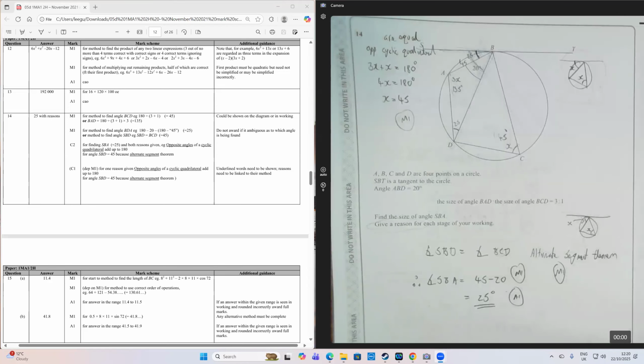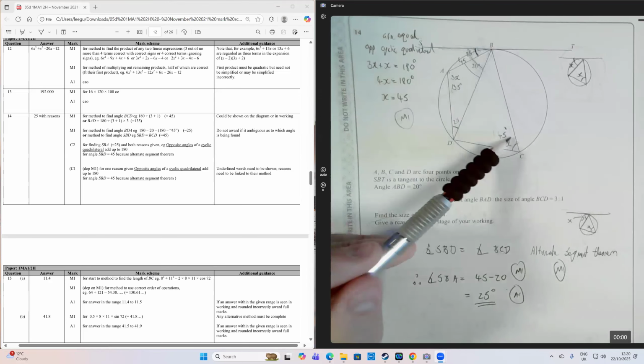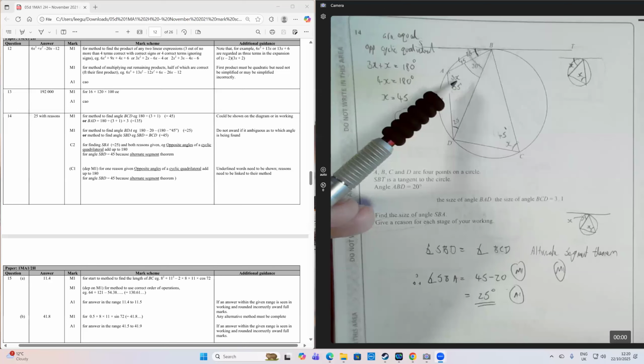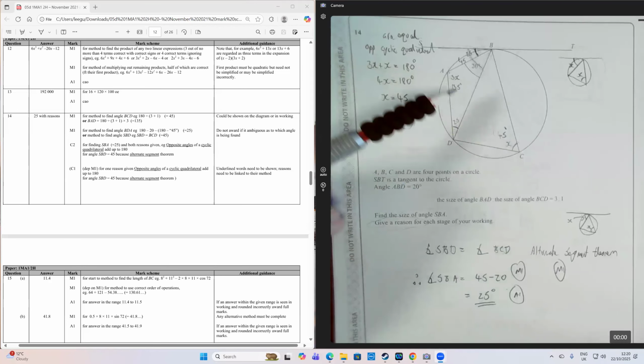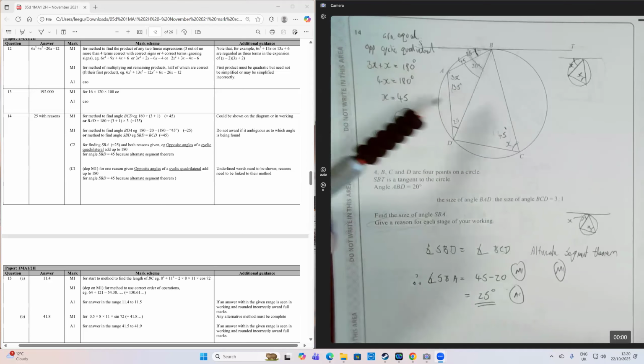So let's just review the steps. First of all, we were told that this angle and this angle are in the ratio 3:1. So that's x, that's 3x. We also discovered that in a cyclic quadrilateral, those two angles add together to make 180. So that enables us to work out what x was, because we had 3x add x was 180. So therefore 4x was 180, so x was 45.